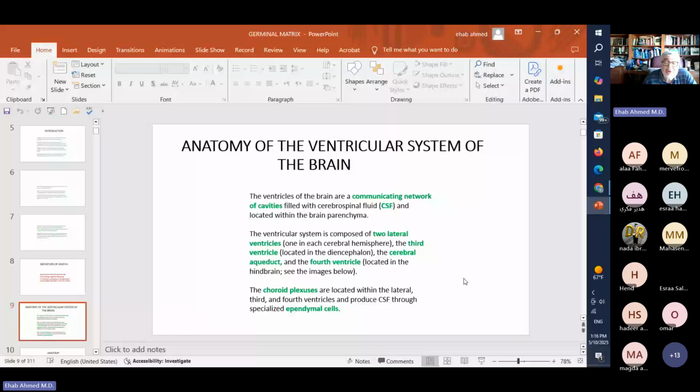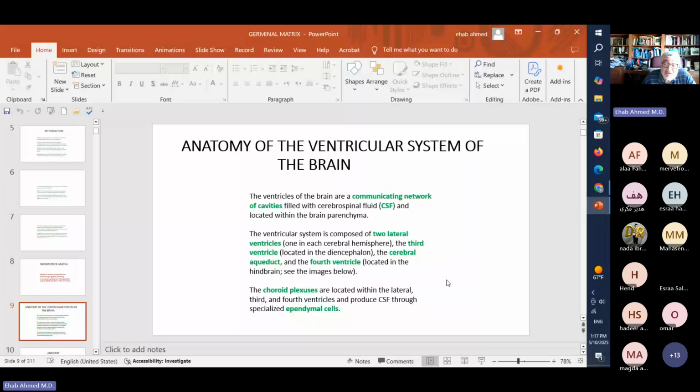We have two lateral ventricles, one on each cerebral hemisphere. We have the third ventricle, where both lateral ventricles drain CSF, and then comes the cerebral aqueduct, which is the site of obstruction when there is complications, and then comes the fourth ventricle.